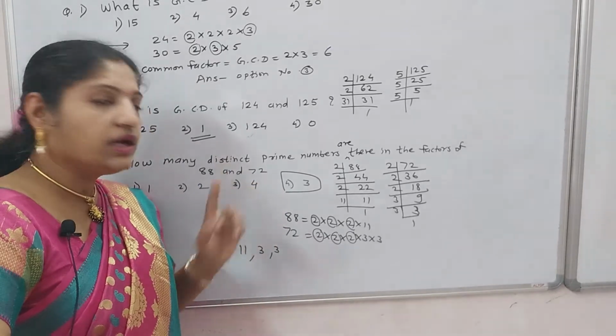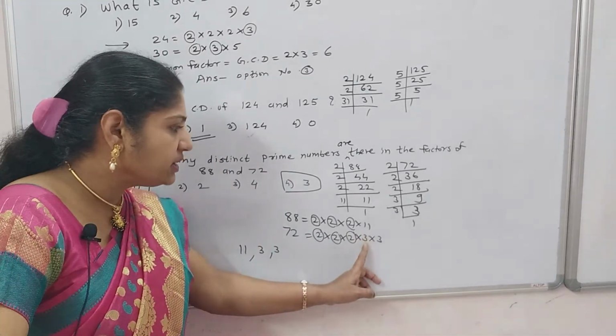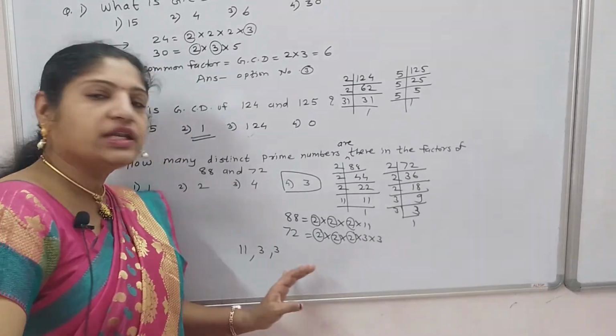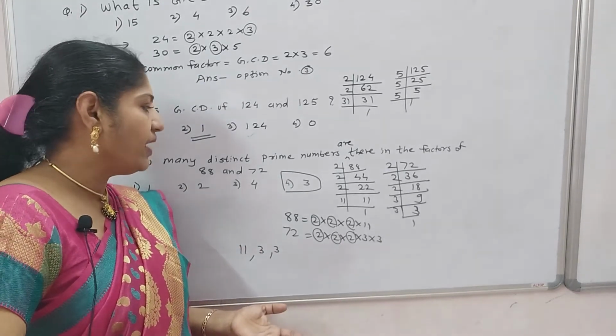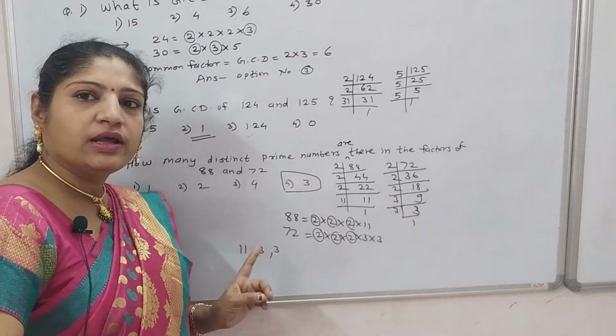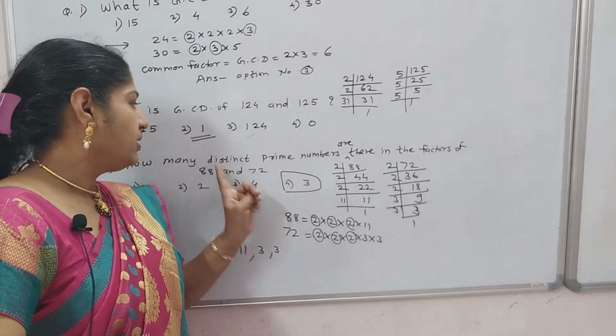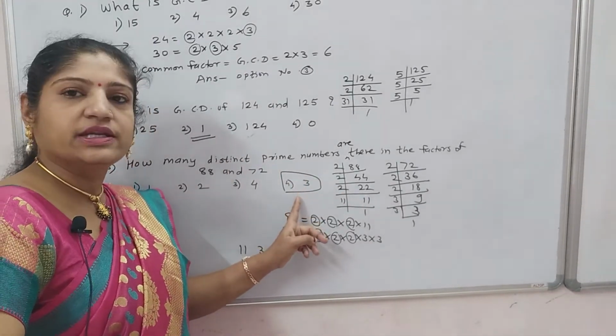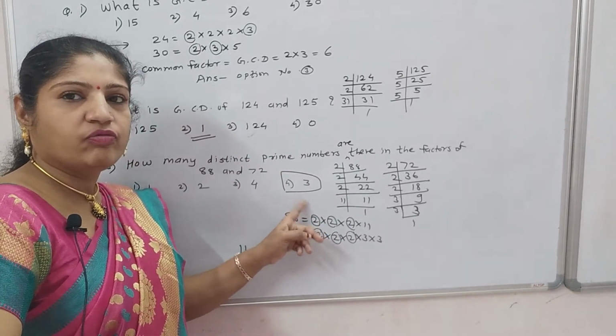These three numbers are unequal factors, so the total is 3 distinct prime numbers. So the answer is option number 4.